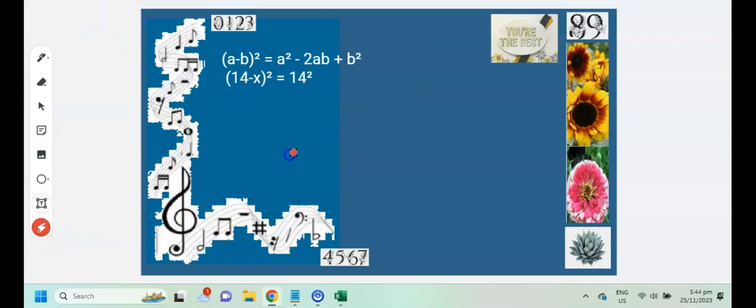For the second term, naa man tay 2ab. No? So, kasabot ana, ang first term o ang second term i-multiply. So, ang atong first term kay 14. Atong second term kay negative x. So, we say 14 times negative x. So, gi-multiply ang first to ang second term.